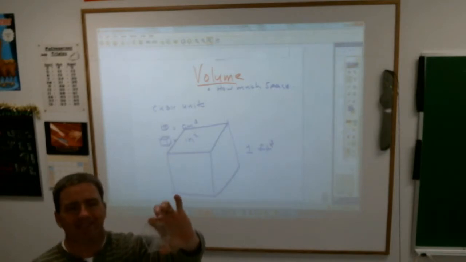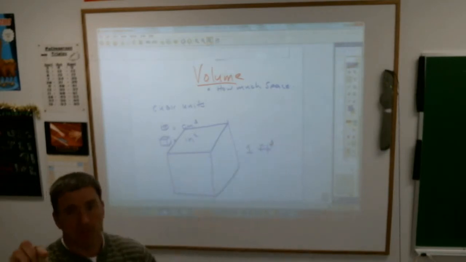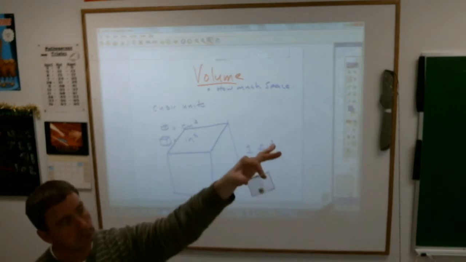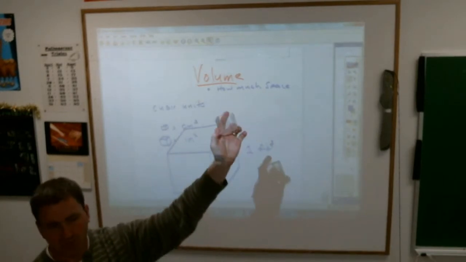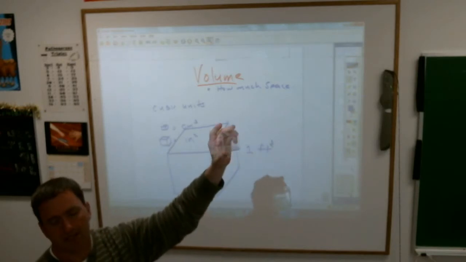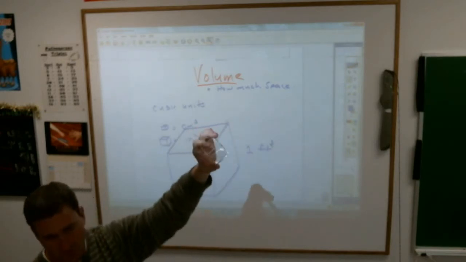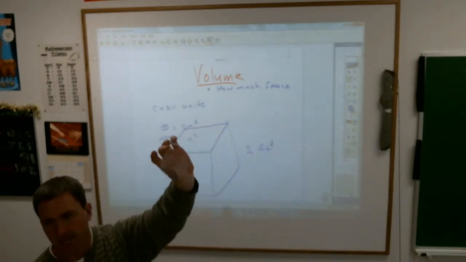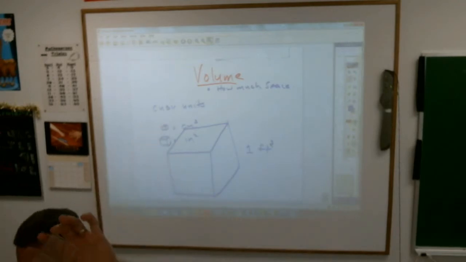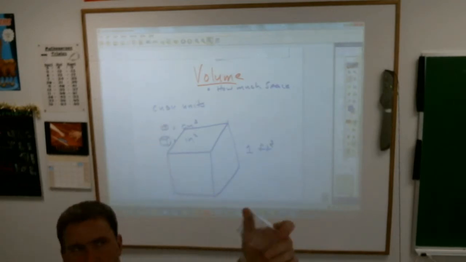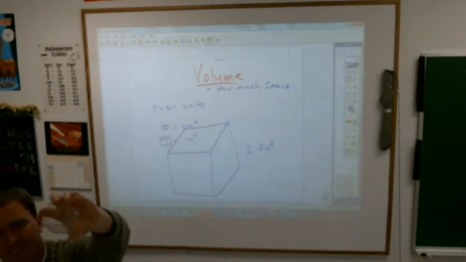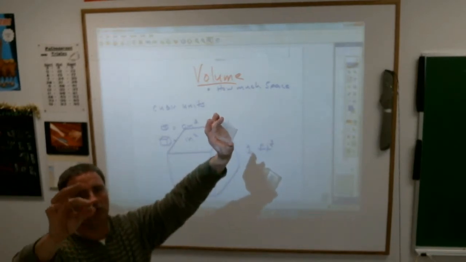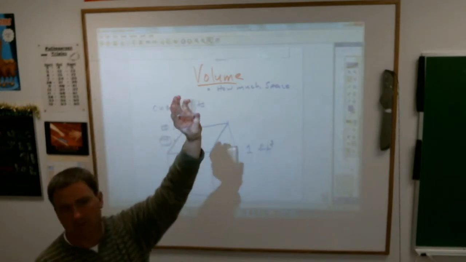Here's my cubic centimeter. How many cubic centimeters big do you think this plastic cube is? I want you to write it on your paper and circle it 3 times so that I know that's your guess. How many of these do you think will fit into this thing here?